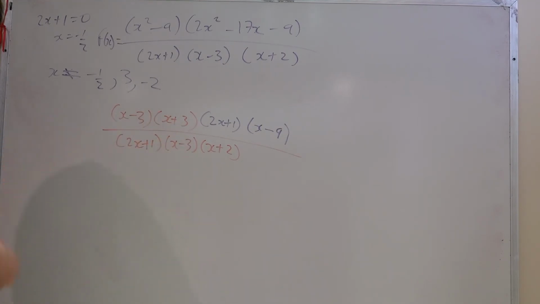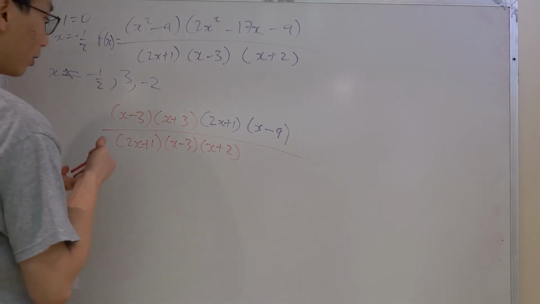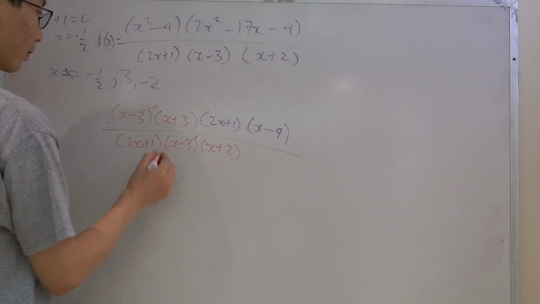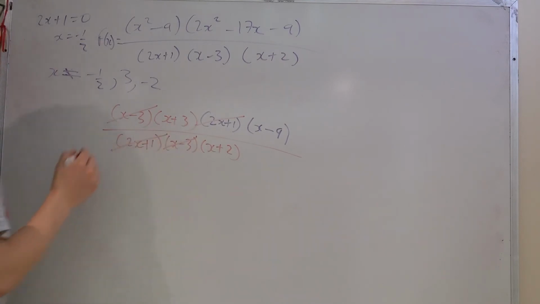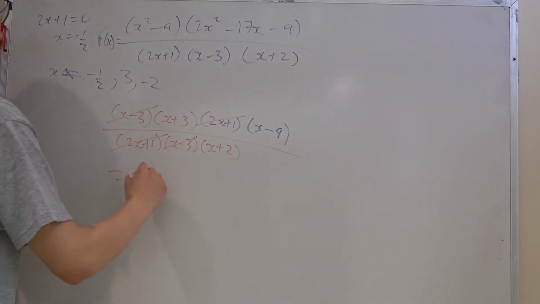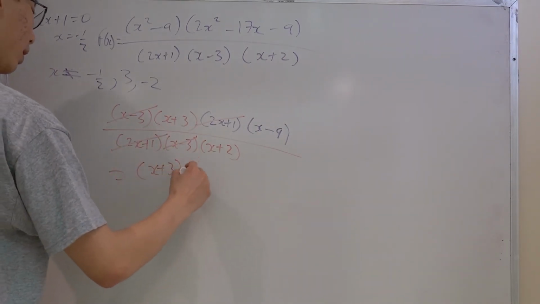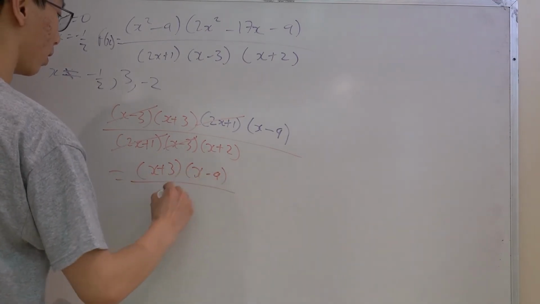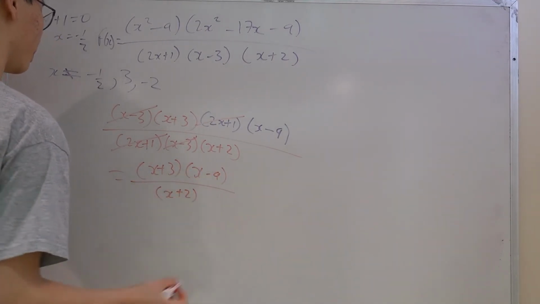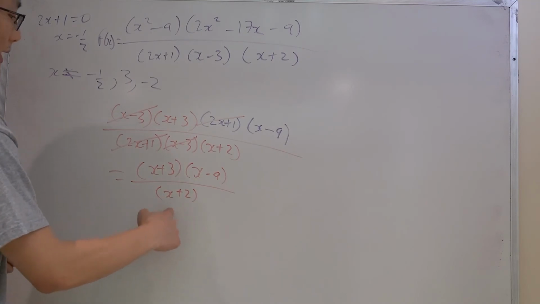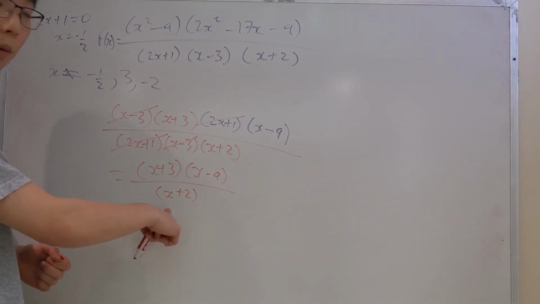If you just look carefully, you can cancel out two things. This one and this one. Okay, and you're left with x plus 3, x minus 9, all that over x plus 2. Okay, so the only thing that's left here is x equals minus 2.